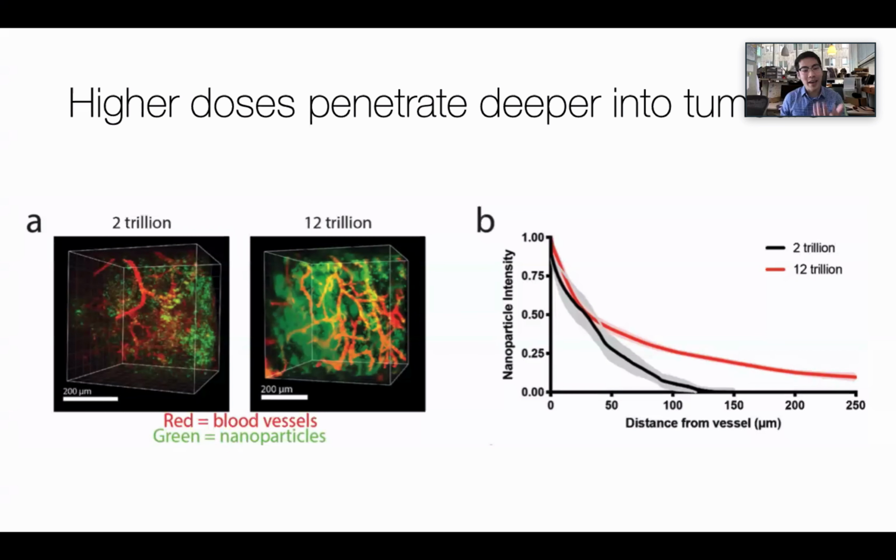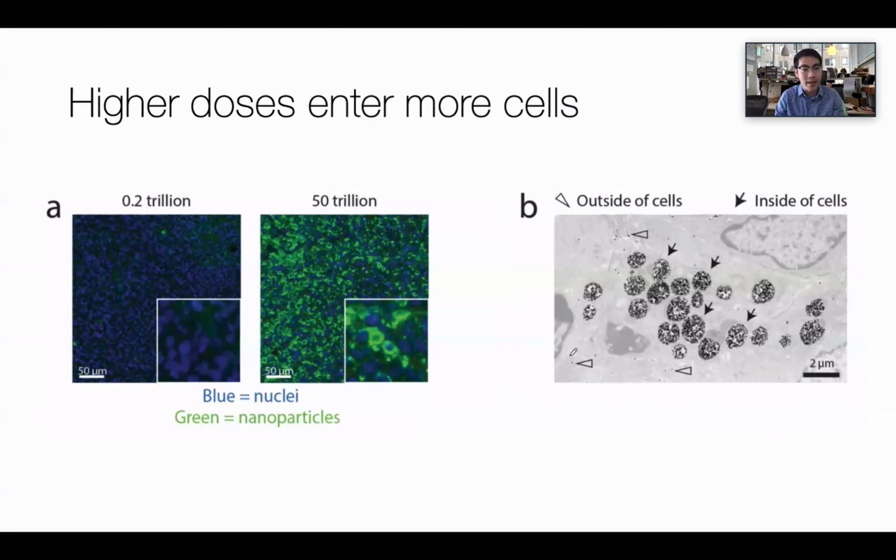And, if we're going to get further into the tumors, then we should be able to access more of the cells. And that's exactly the case. So when we gave a lower dose of nanoparticles, here we have cell nuclei in blue and nanoparticles in green. And what you'll see here is that at the lower dose, we have a few speckles of green here and there.